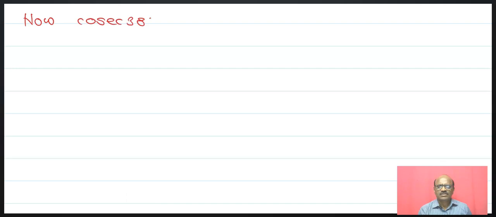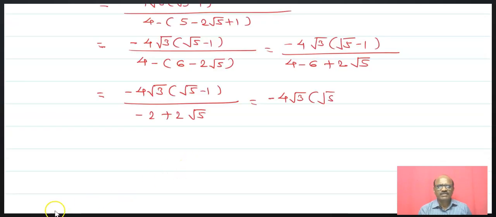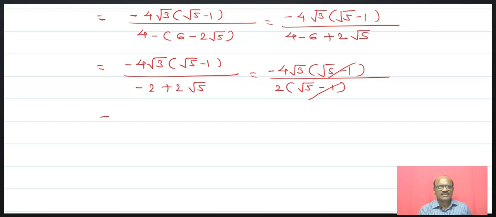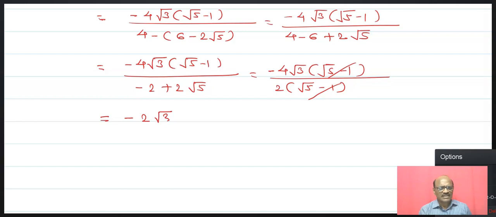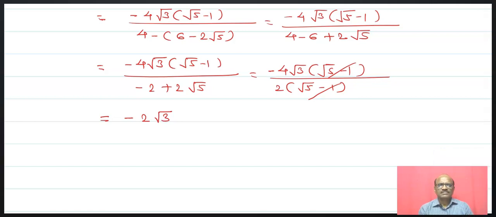Overall, you have the value: root 5 minus 1 gets cancelled, and the value of these two terms is minus 2 root 3. This is the first part.